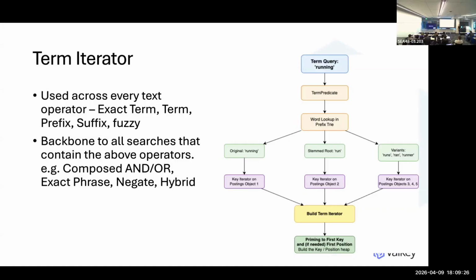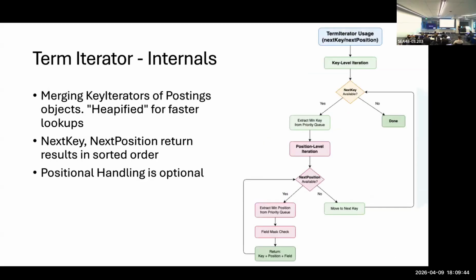So it can be a term search, it can be a prefix or suffix or fuzzy. We reuse the same iterator for all of this. We just need to provide it with key iterators, which are iterators over the postings objects. And we build this term iterator, which will essentially merge key iterators together.